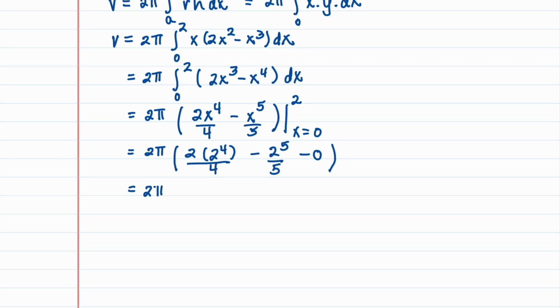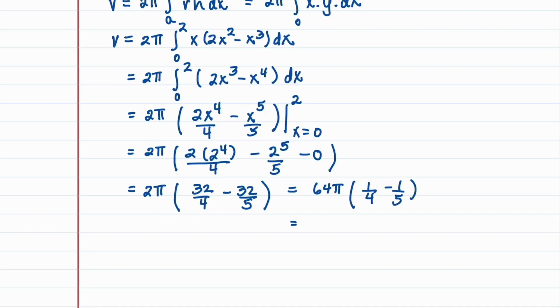This gives us 2 pi. 2 to the fifth is 32. So we have 32 over 4 minus 32 over 5. Let's pull the 32 out. So this gives us 64 pi, and then we have 1/4 minus 1/5. We will get a common denominator of 20.